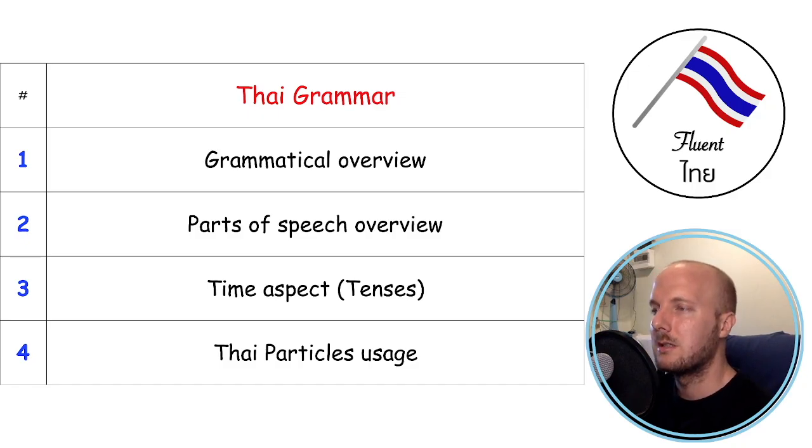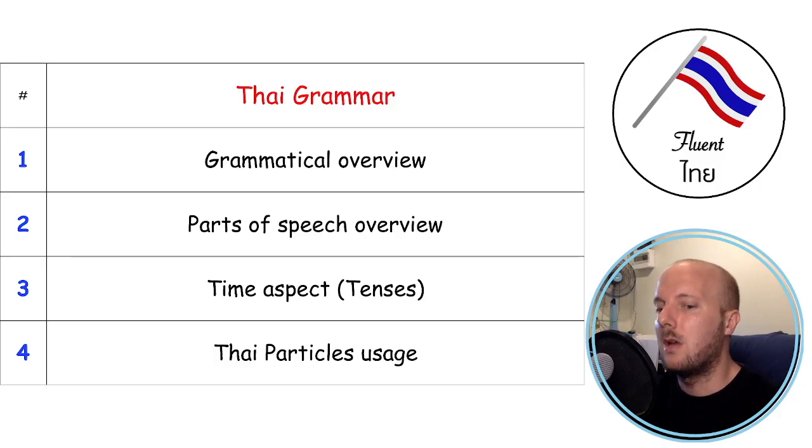Thirdly, we'll look at tenses, or talking about different time aspects. So basically, this is one of the major differences in Thai, is the way that they compose their tenses. They're not really tenses in the same way they are as in English, but we'll look at the way they do it. And then lastly, we'll look at Thai particles usage.